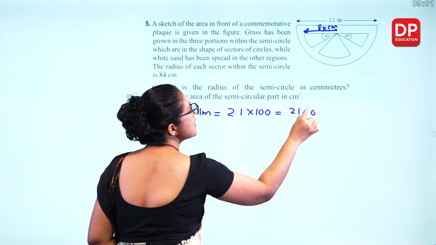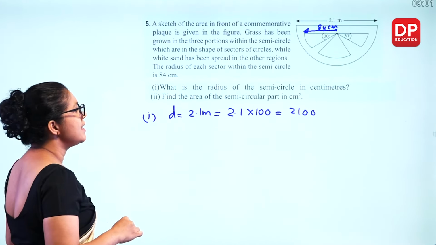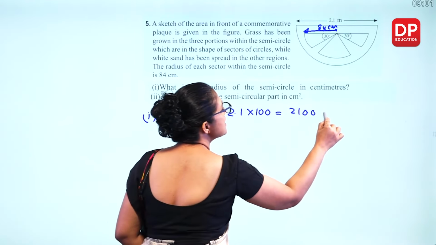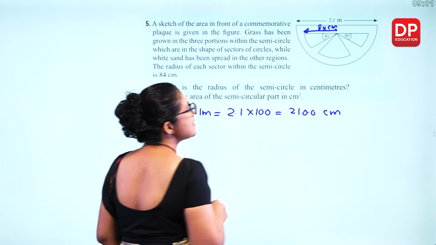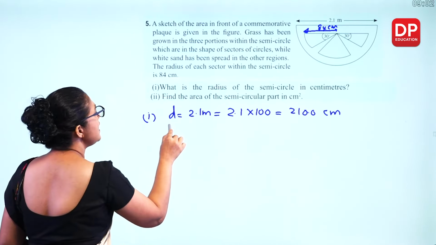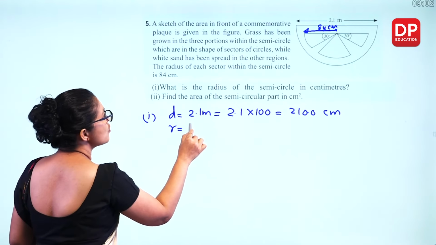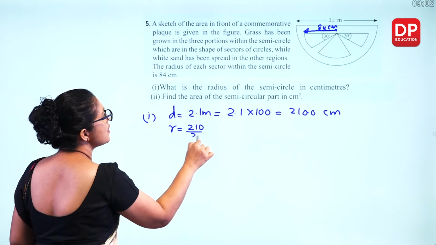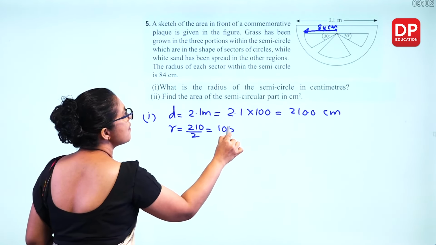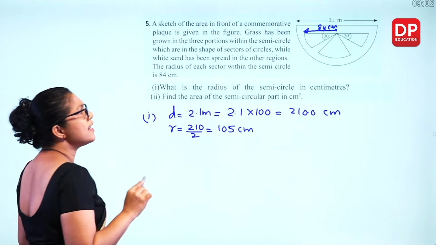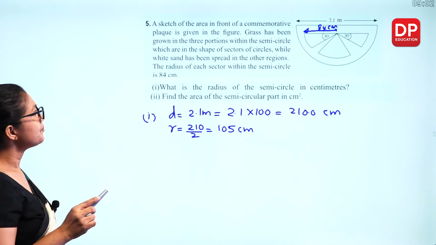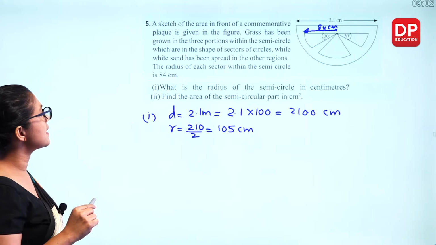So diameter is 210 centimeters. What's the radius? Half of it. 210 divided by 2, you get 105 centimeters for the radius of the semicircle.